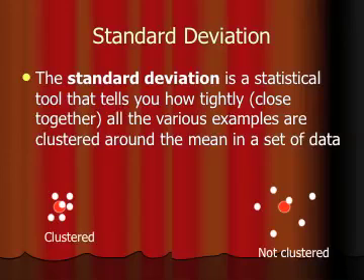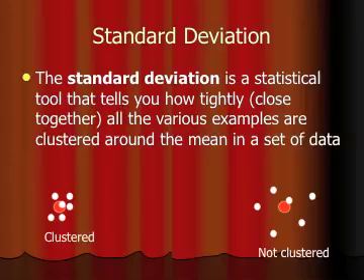So if all the data points are very close to each other and they are clustered around the mean, that gives us one type of information. If the data points are not clustered around the mean, that gives us another bit of information. Okay? If they are clustered, we can say that the data points are more precise.